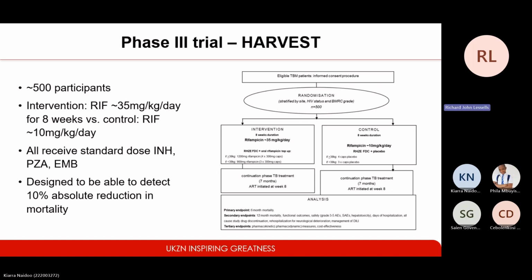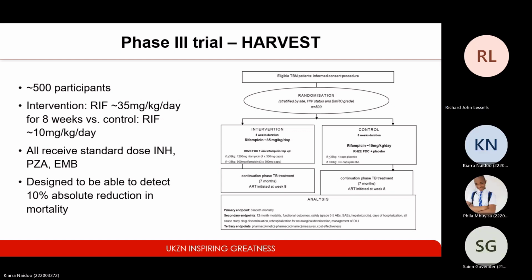And otherwise, everything is the same. So people are randomized to get either just the normal treatment or to get this top up with extra rifampicin. And then what do you think our primary outcome is going to be? Mortality. Yeah, we want to see, does this reduce mortality?